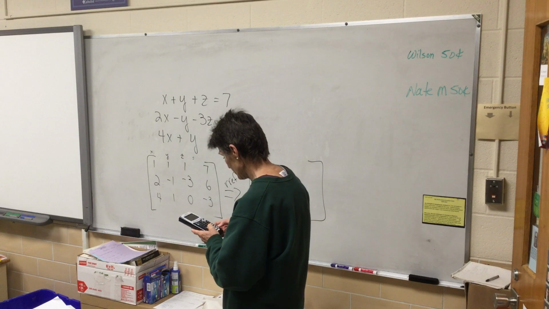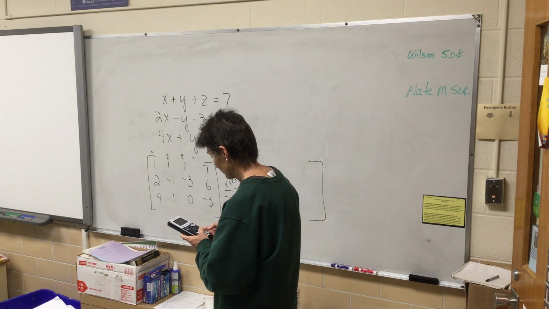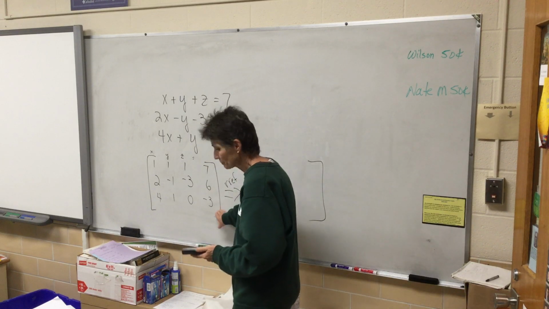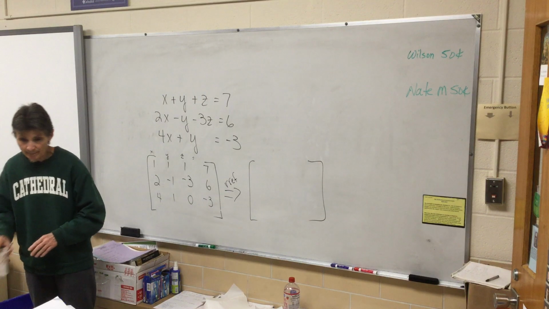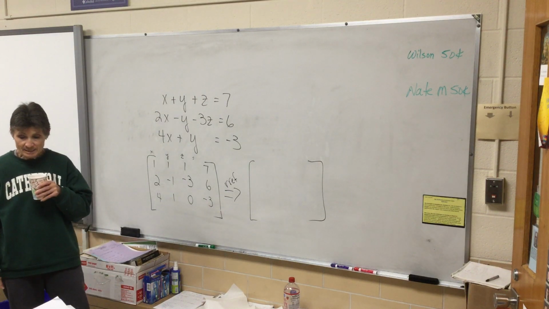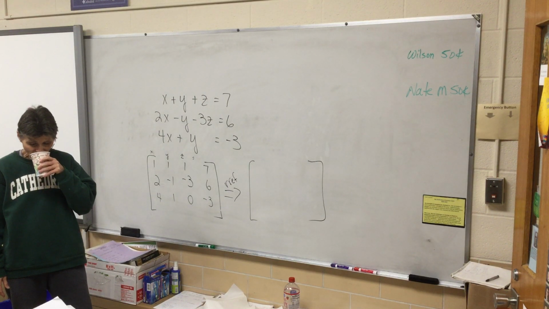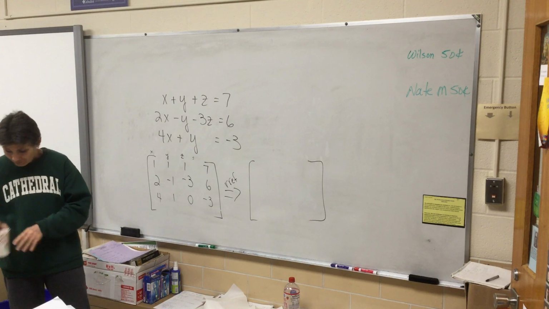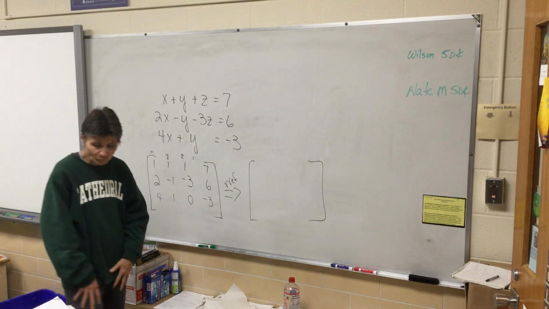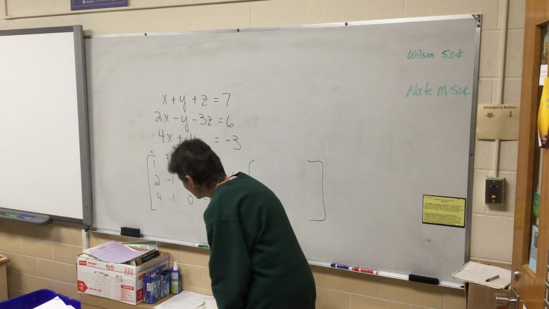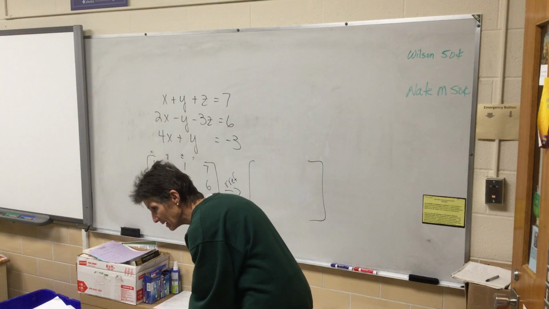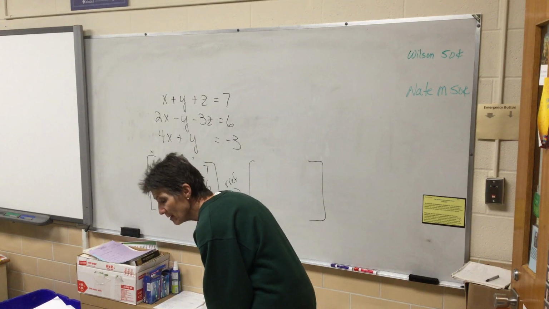All right, we're putting them in then. As soon as you get the last one in, please press enter. And then what do I do after I get this last negative 3 in, type in negative 3, hit enter, then what?